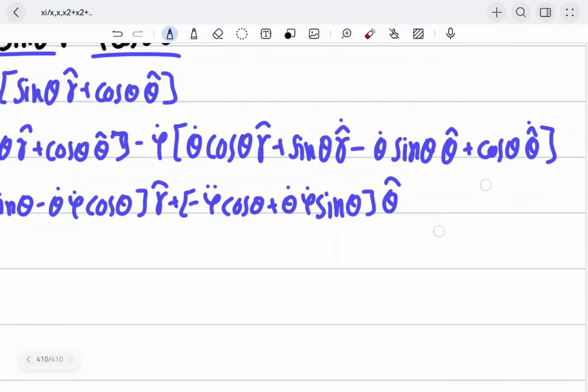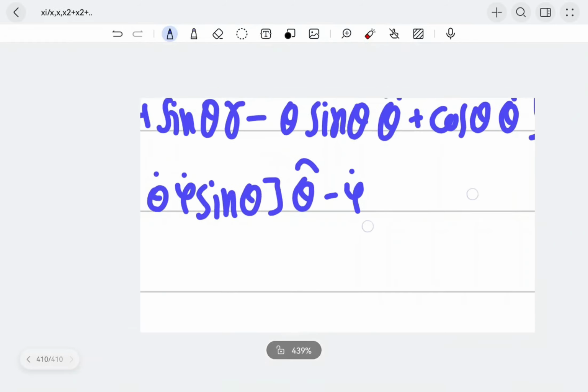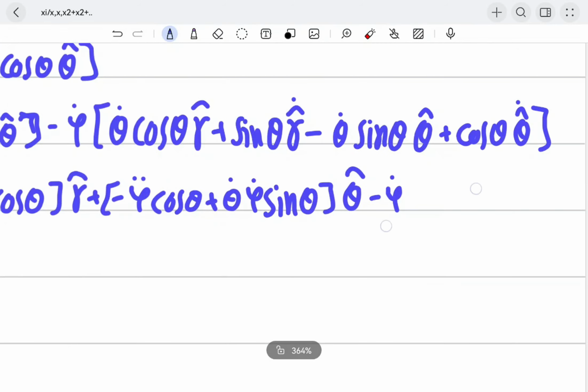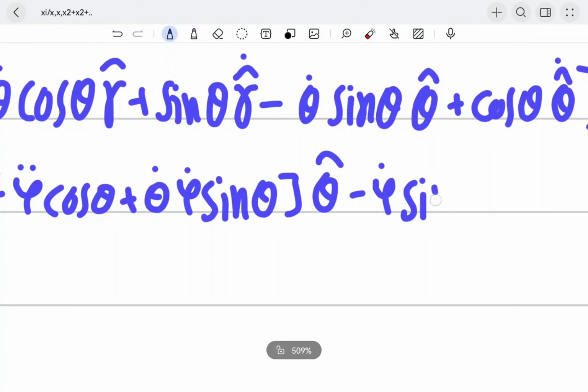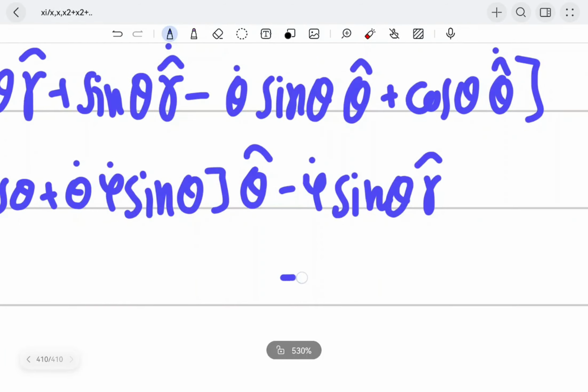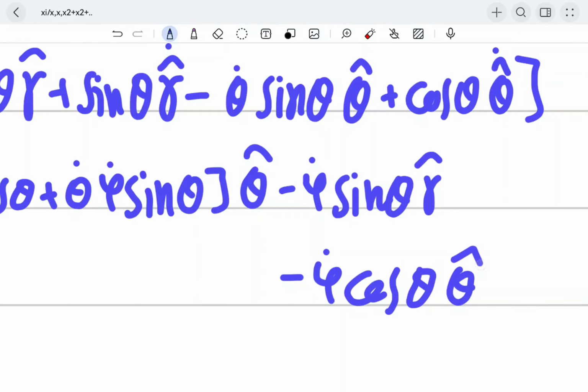And we will be left with minus phi dot sine theta r hat minus phi dot cosine theta theta hat.